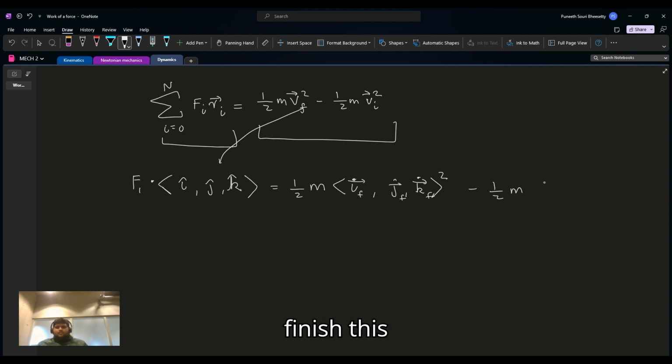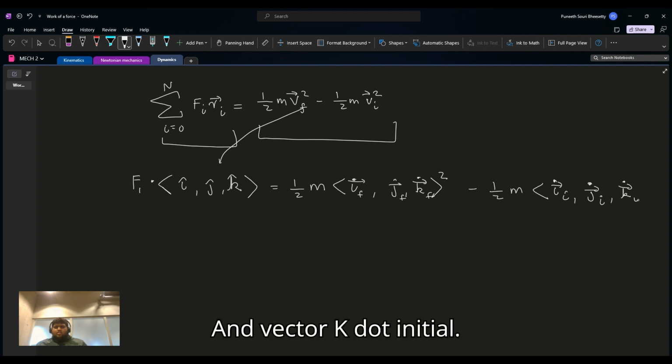So let me finish this out for you. Initial i, j dot initial, and vector k dot initial.